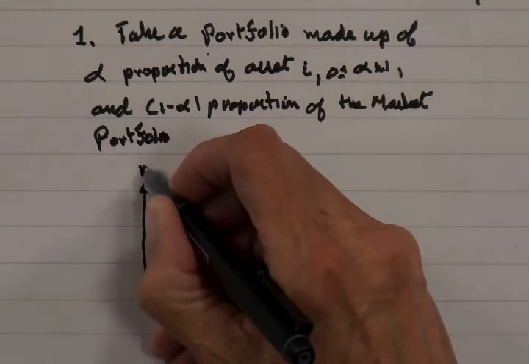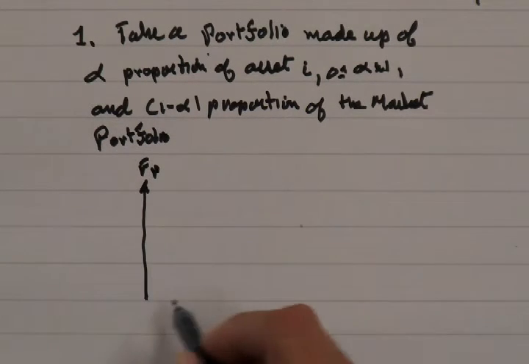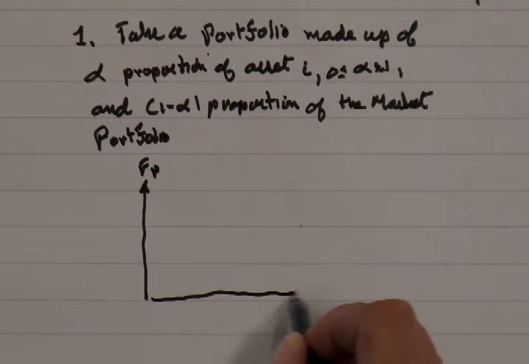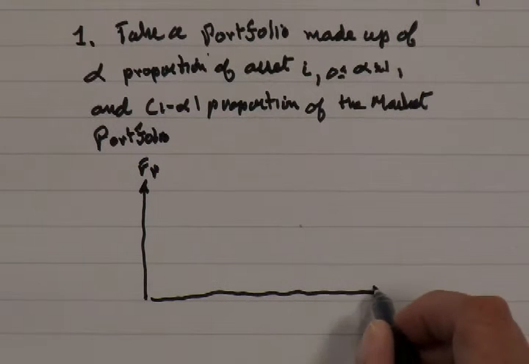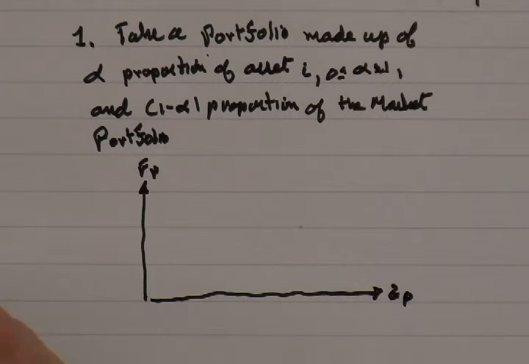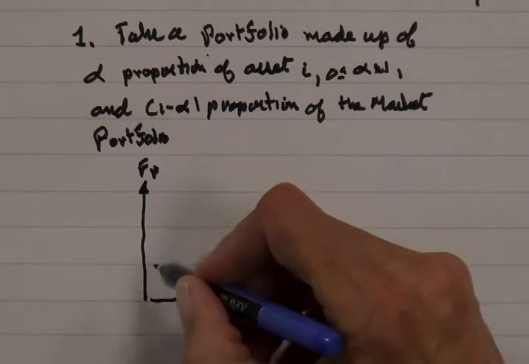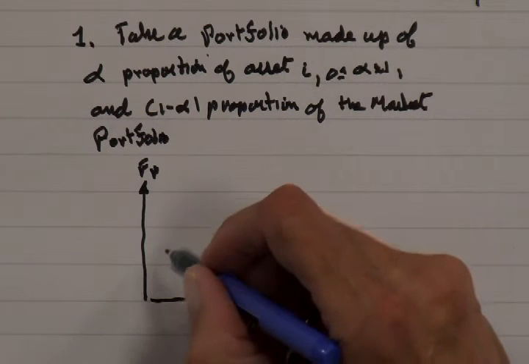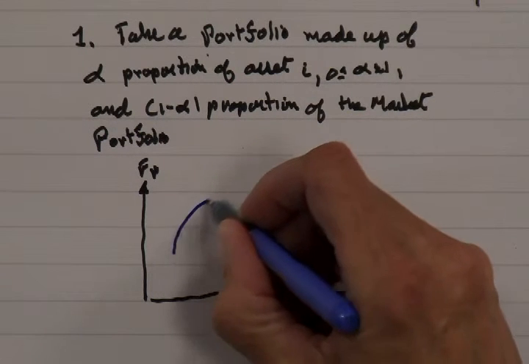We get an R bar P, sigma P. Oh boy, that's not very straight. And then let's draw this.